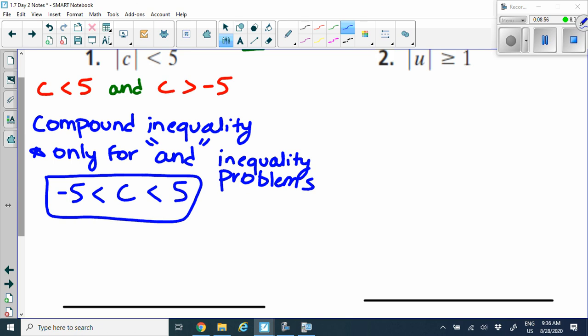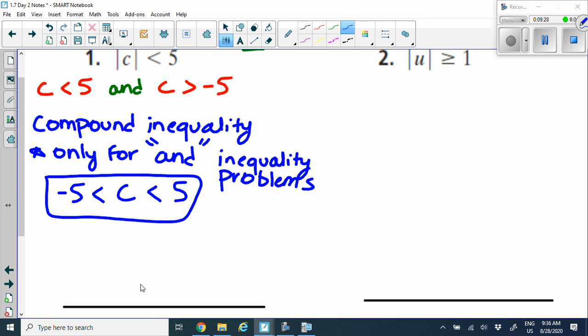It's saying our variable is in between two numbers, in this case -5 and 5. Reading this, we say -5 is less than C, which is less than 5. On your homework, you will have to write it as a compound inequality anytime that it is an and problem. So here's our solution so far.